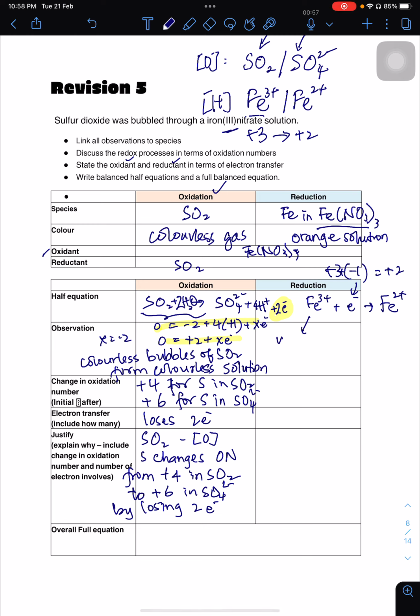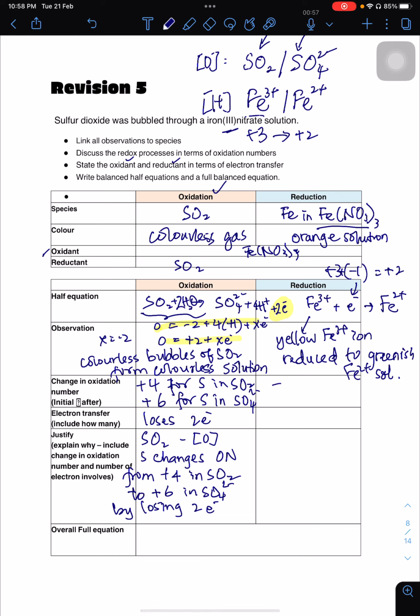And the observation is we have yellow, or orange iron 3 ion, okay, reduced to or changed to greenish or green iron 2 solution. So say if you are not sure with the color, always go back to the resource sheet, okay, where you will see the color of the ions, okay, and change in oxidation number.